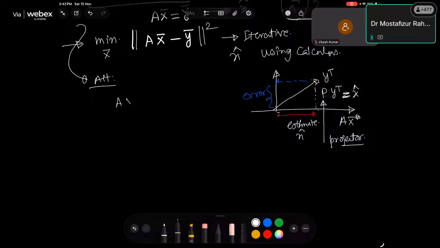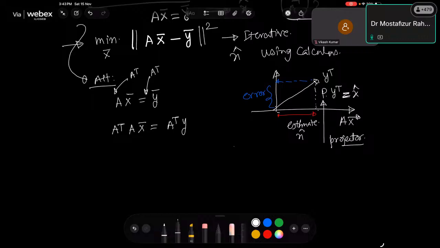I have the equation A x bar equals y bar, right? Suppose we multiply A transpose on the left: A transpose A x bar equals A transpose y. So I pre-multiply A transpose on both sides.